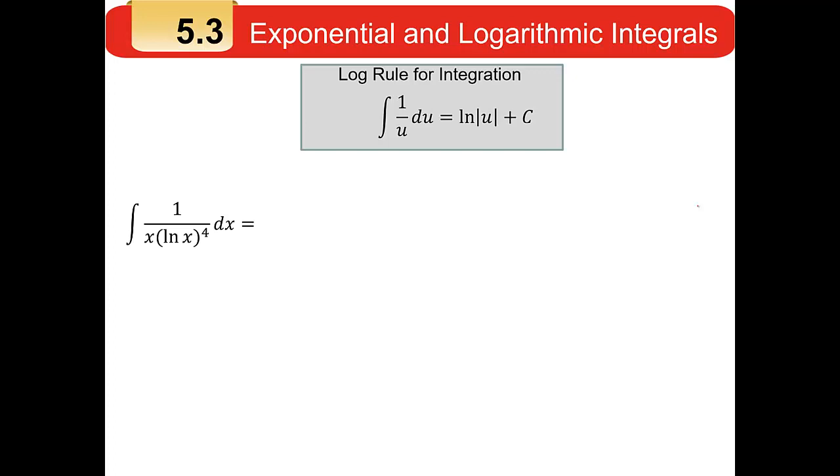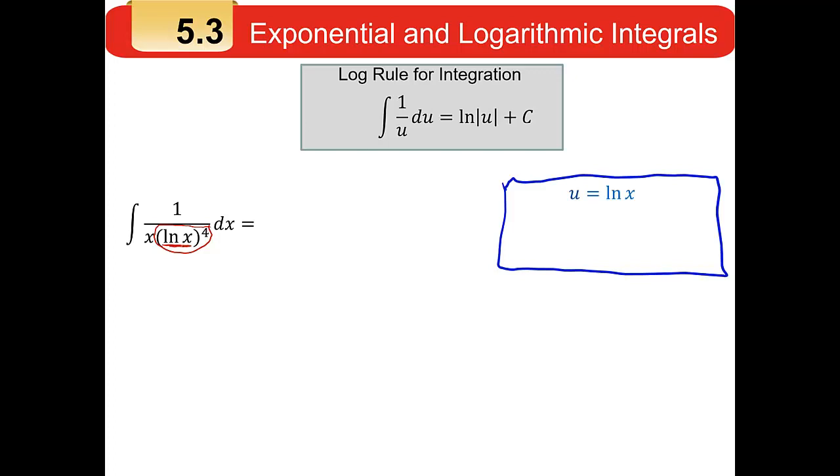But the other thing that I've seen in a lot of other problems is that when I have something raised to a power, that something is quite often the u. So I'm sort of leaning toward letting u be the natural log of x. Let's try that. Well, what are the implications of that? Well, remember now, du is the derivative of natural log of x. But the derivative of natural log of x is 1 over x.